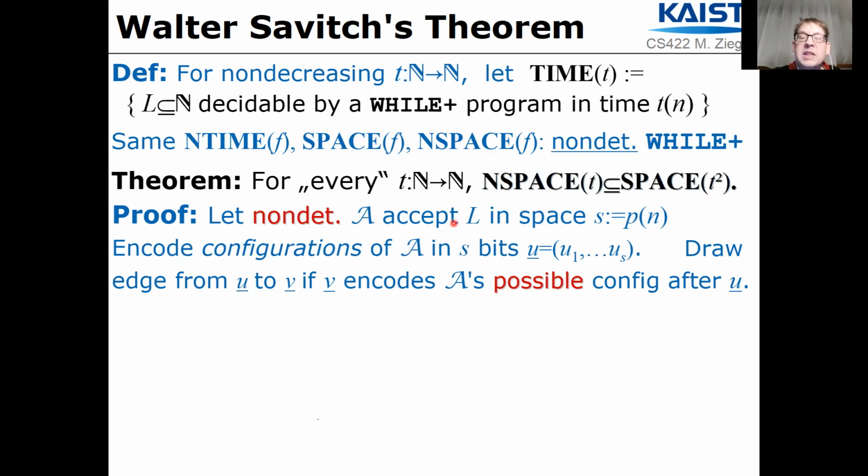Also, let me emphasize again that the configuration graph in general need not be connected. There may be configurations which will never be reached during computation. And the essence here is really to decide whether it's possible to get from the unique starting configuration to the unique accepting end configuration.